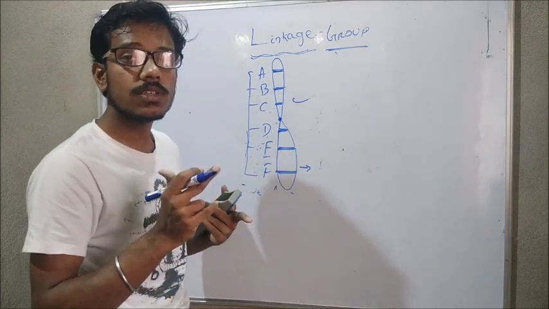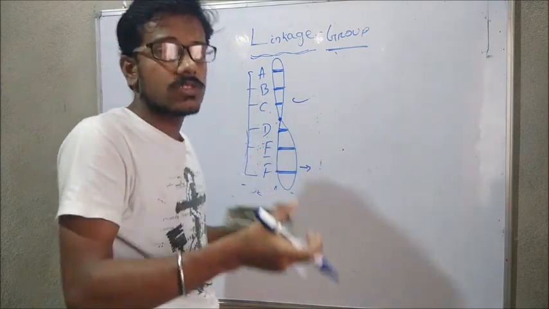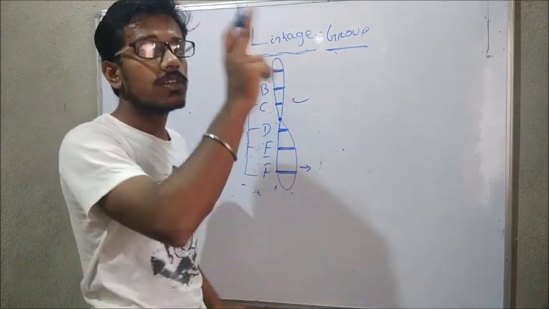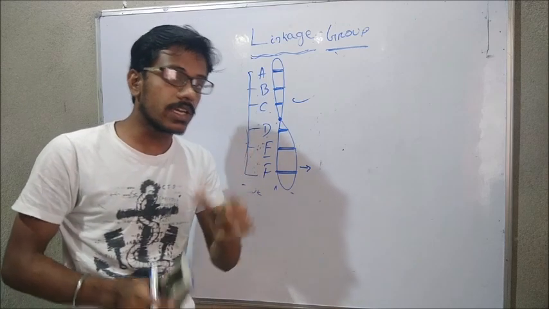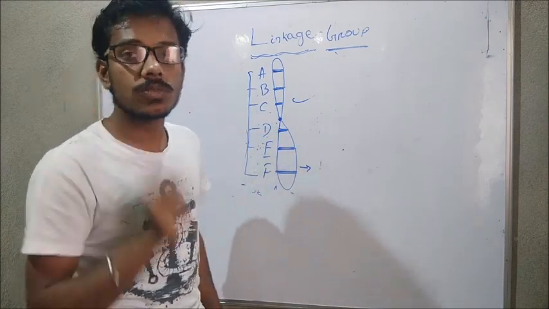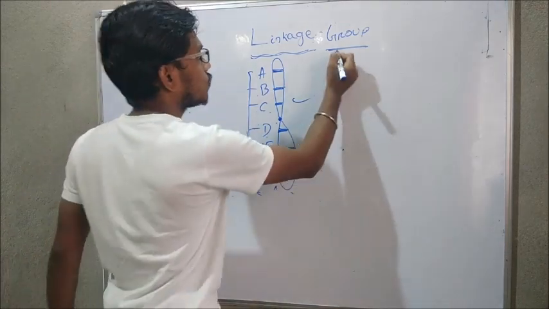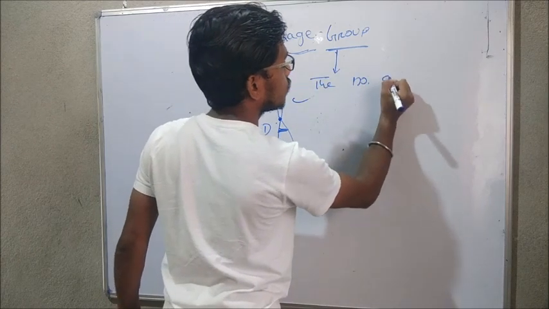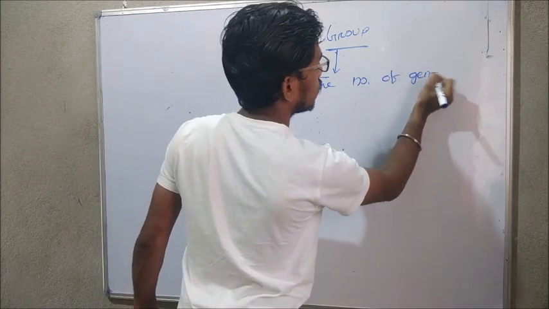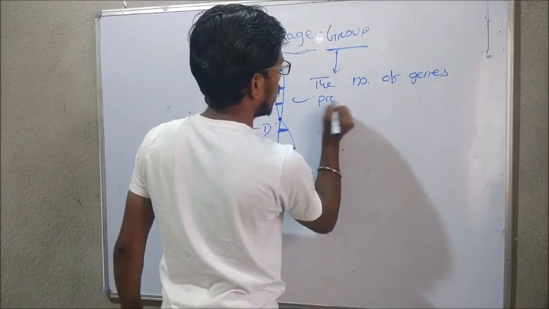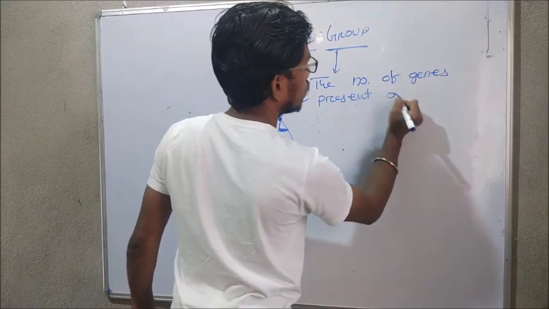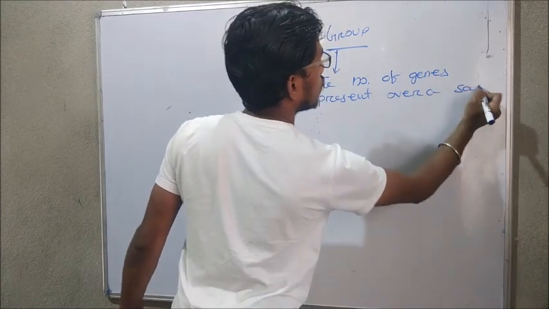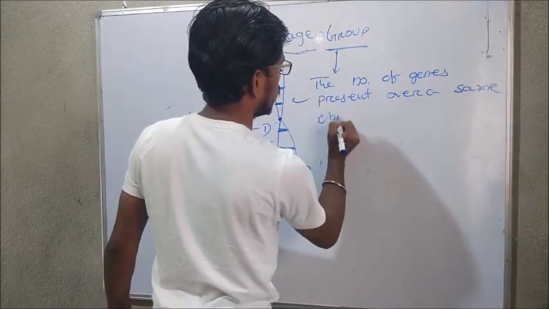Linkage group means the total number of genes present over a same chromosome, they make one linkage group.